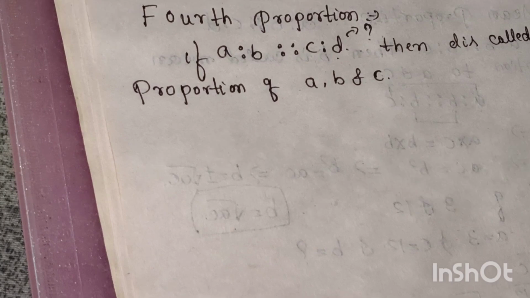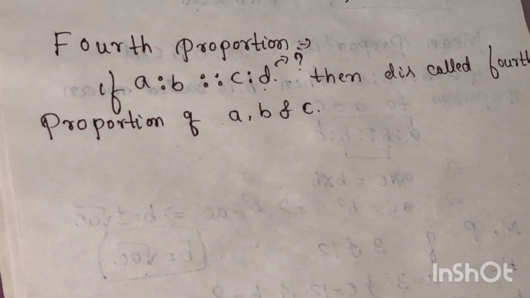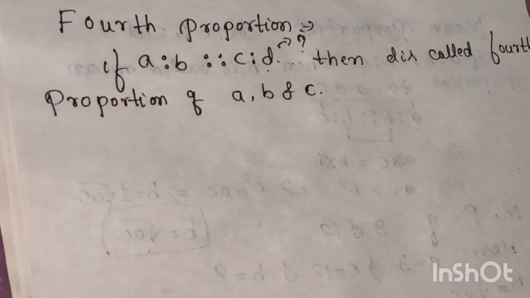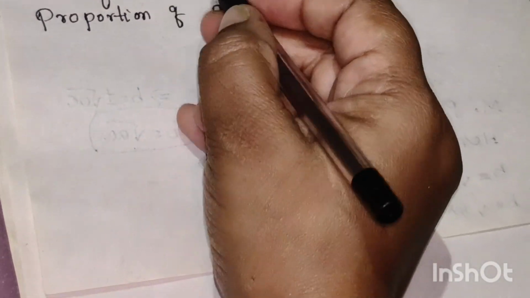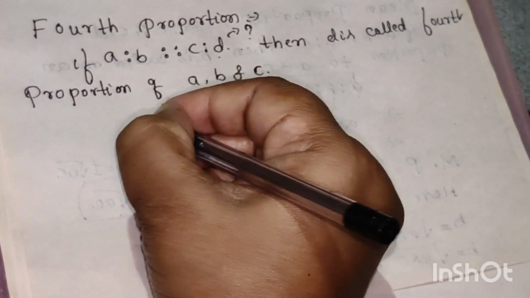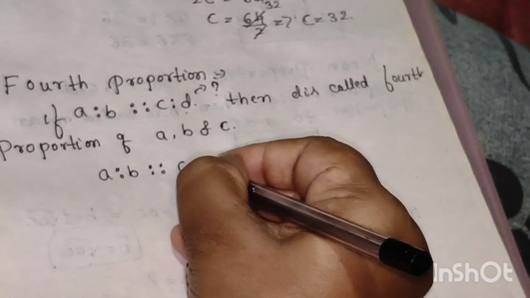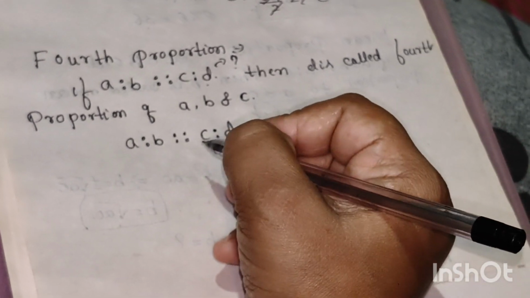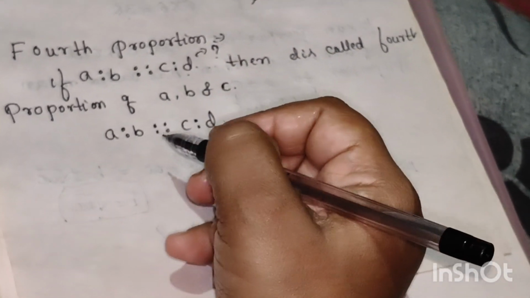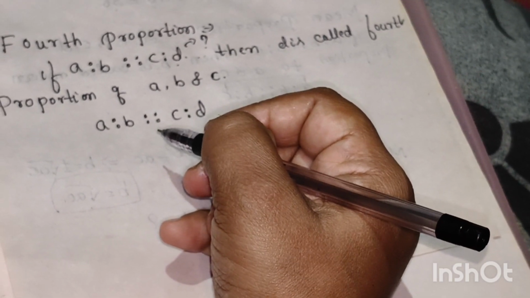To find the fourth proportion, there is one formula. To find the fourth proportion, we write the proportion in general form, A is to B is proportion to C is to D. Then find the product of extremes and product of means. We know that in proportion product of extremes is equal to product of means.